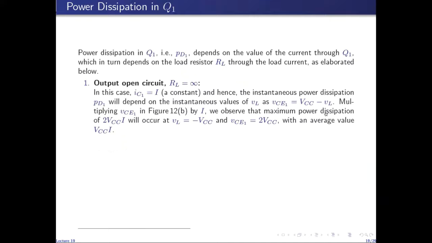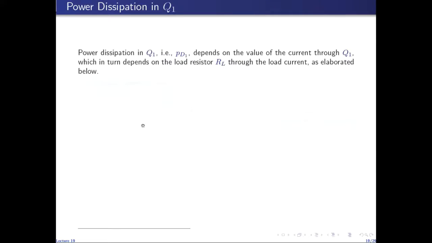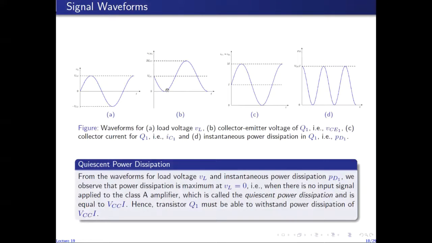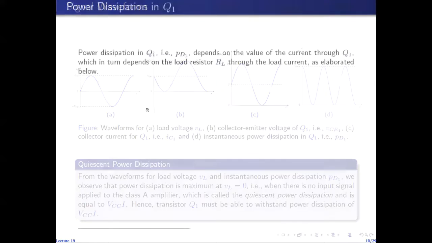So we observe that the maximum power is dissipated when VCE1 is at its positive peak. At this point, VL is at minus VCC. Multiplying this with I gives us a maximum power dissipation of 2 VCC times I at this positive peak, at which the load voltage is equal to minus VCC.